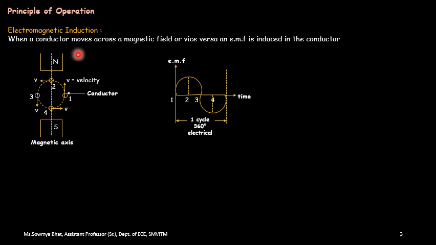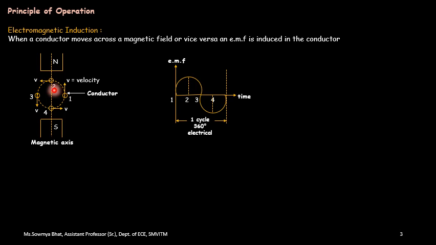This is the diagram which I have shown in order to explain the principle of operation. I am considering one single conductor; the small circle you are seeing is one single conductor. It is considered for one full cycle of rotation, that is, a 360-degree angle electrically.